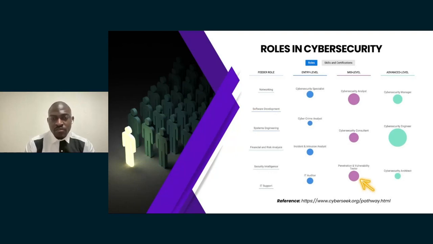So starting from vulnerability management does not mean you have to stay there. There are other paths that you can branch into, and if you really know what you're doing, you can go to the highest level in cybersecurity, which is becoming a CISO, Chief Information Security Officer. So the knowledge you have as a vulnerability management engineer is a major, major role, and every organization is always looking to manage risk.